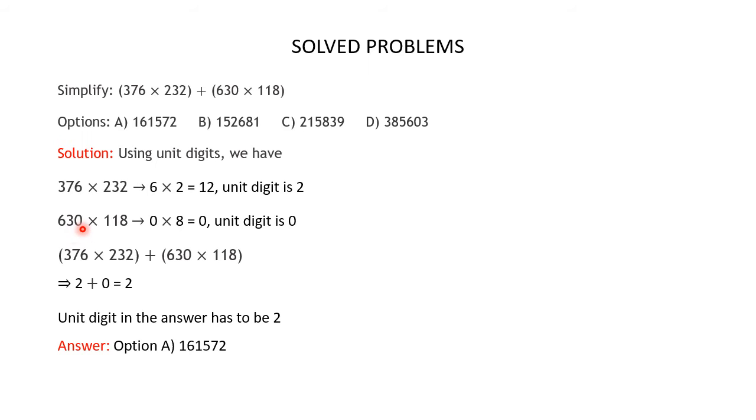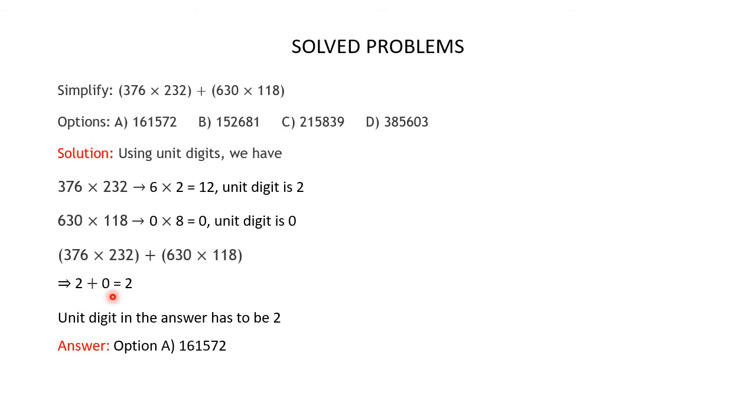The unit digit of 630 is 0. The unit digit of 118 is 8. So 0 multiplied by 8 is 0 and hence the unit digit here is 0. So 376 multiplied by 232, the unit digit is 2. 630 multiplied by 118, the unit digit is 0.